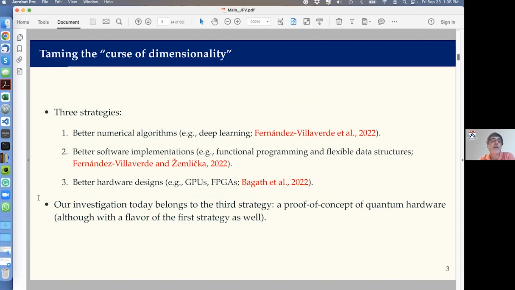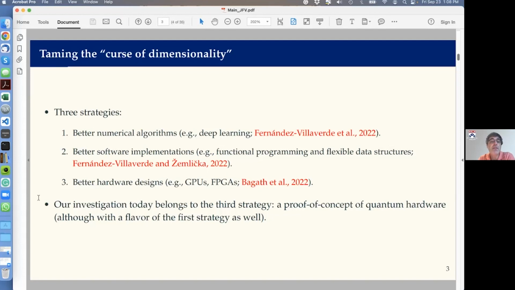The first strategy is we want to have better numerical algorithms. So if you go to my webpage, you will notice that over the last 4 or 5 years, I have written around half a dozen papers on how to use deep learning to solve dynamic programming problems. And I just cited over there one of those papers. That's good, and it works very nicely.